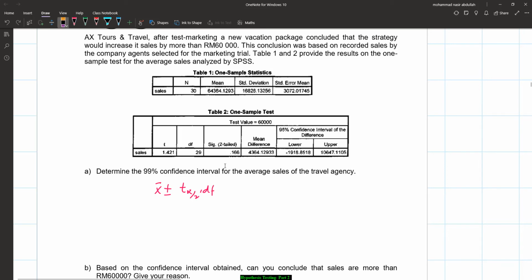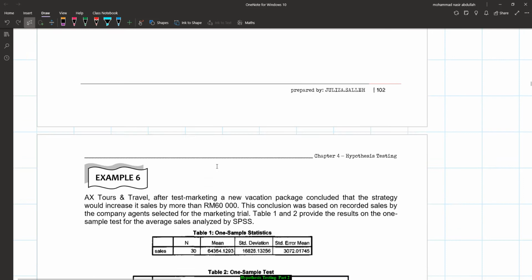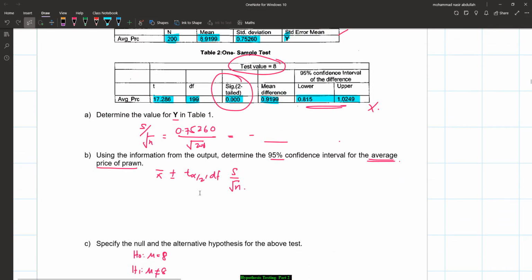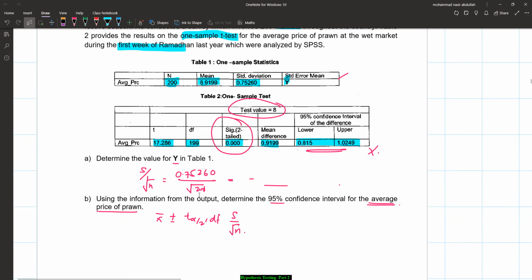Because above also it is the same, we cannot put t, because based on our understanding, if the sample size is more than 30, we are going to use the Z distribution. So we are going to put Z alpha divided by 2 for the confidence interval of the average.